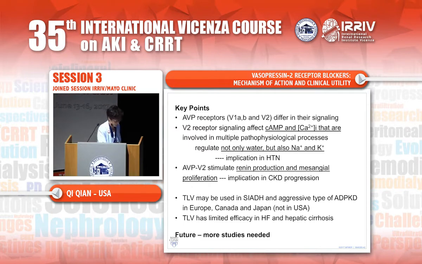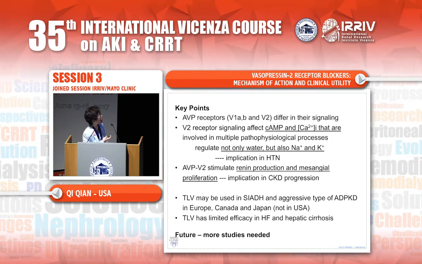Due to the time, the key point is that AVP has vasopressin V1 and V2 receptors. They have different signaling cascades. Vasopressin V2 signaling affects not only cyclic AMP, but also intracellular calcium.